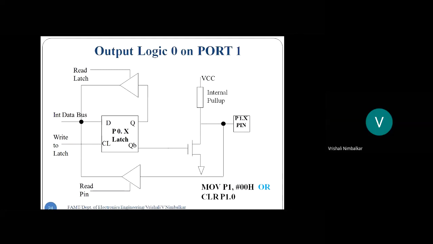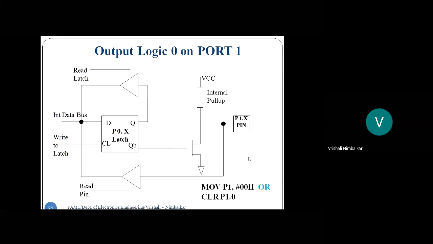The pin is acting as a source operand as well as a destination operand, so the functions happening are read, modify, write. At that time, the latch data is read. Pin data is read only when the pin is acting as a source operand. So MOV C, P1.0 reads the data from pin P1.0 and saves it in the carry flag. Destination is carry and P1.0 is the source. At that time, the pin data is read, meaning the lower buffer is enabled.